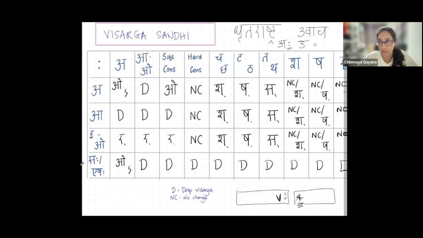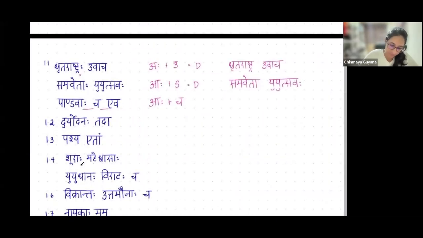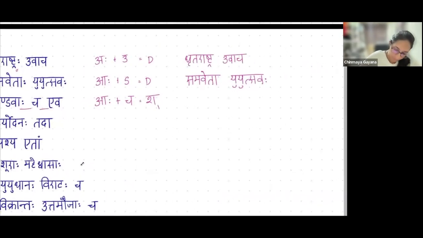The visarga changes into a sh halant. So you're going to get Pandavash, because the visarga changed into sh halant. There's a cha here, but now the cha plus eva.